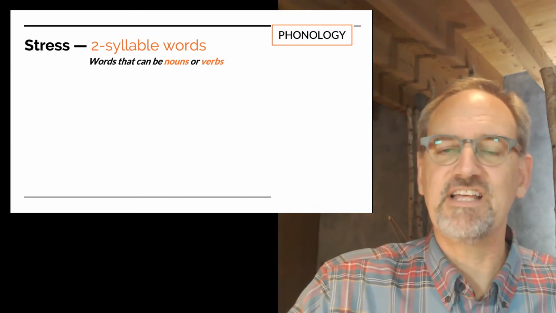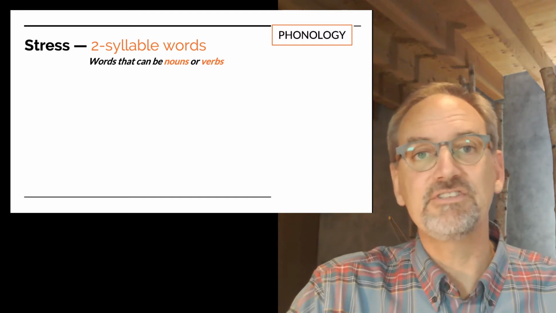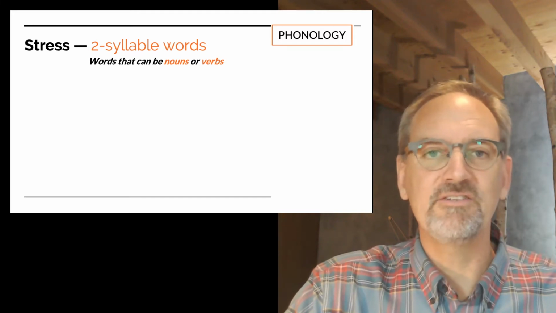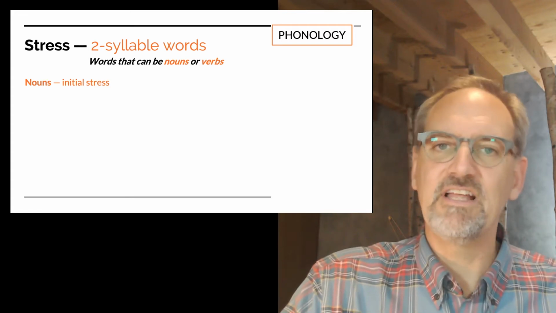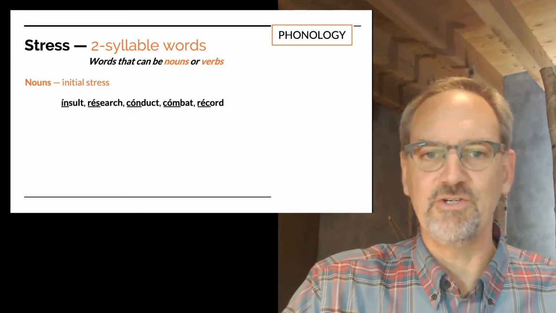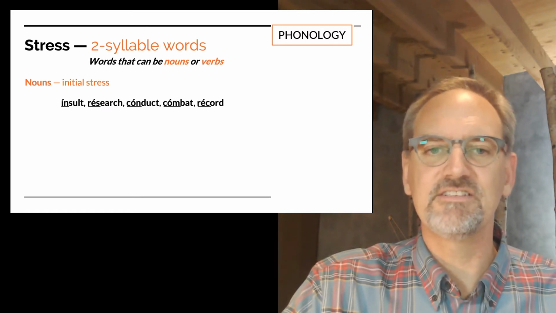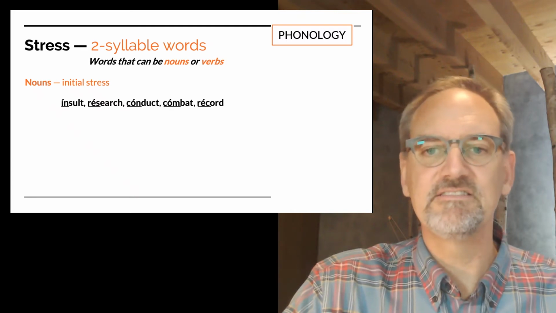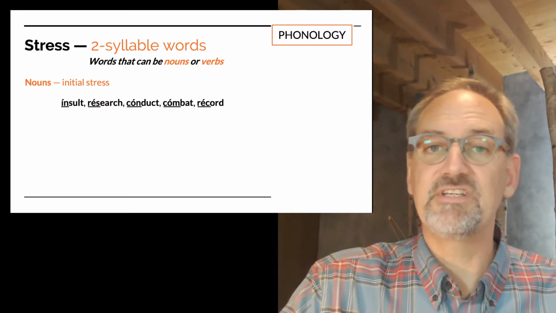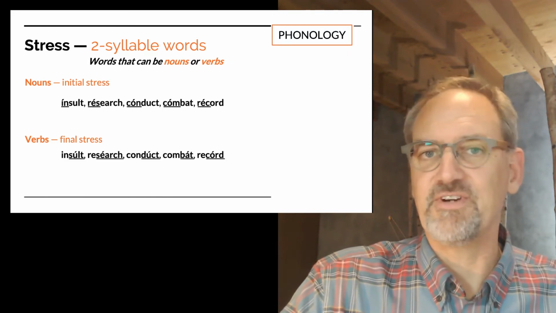And there are also words that can be nouns or verbs, and often they have different stress patterns depending on whether they're used as a noun or used as a verb. Right? And in the case of the noun use, they get pronounced with initial stress. Right? Insult, research, conduct, combat, record. But when the same words are used as verbs, they get final stress.